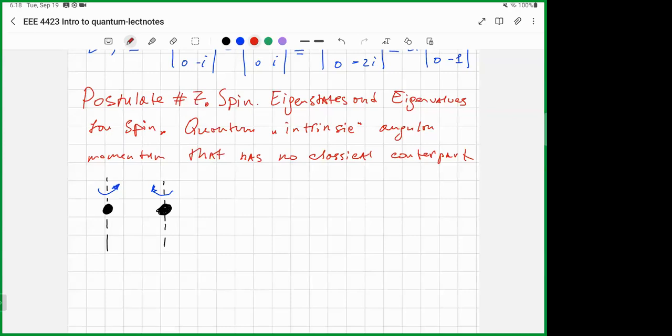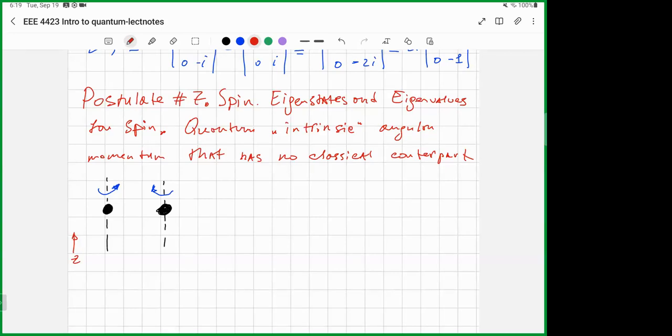Let's also denote this direction z. So I direct this axis z along the axis of rotation, of spinning of the electron, the particle.